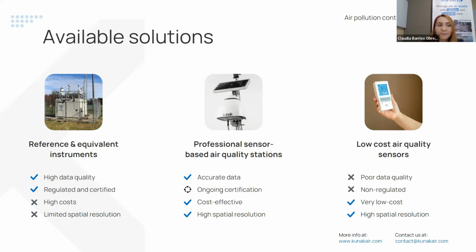This is for gases. And finally, we can find low-cost air quality sensors destined to quality awareness projects, for example. They have a limited performance in terms of accuracy, but they have a very low cost.